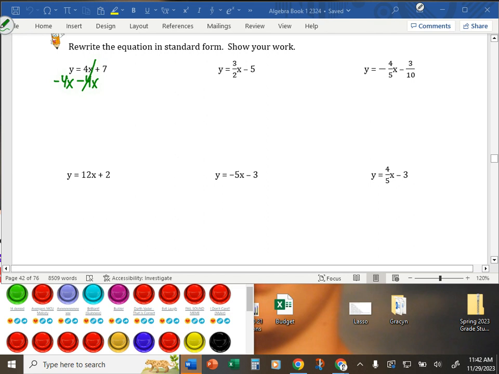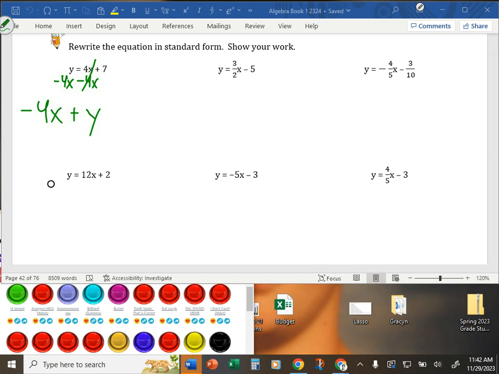That's the subtraction. And then on the left side, y minus 4x, can I actually combine those? No, I can't. Because one's an x and one's a y. So I keep them separate. Negative 4x, which is written first because standard form has the x term first.